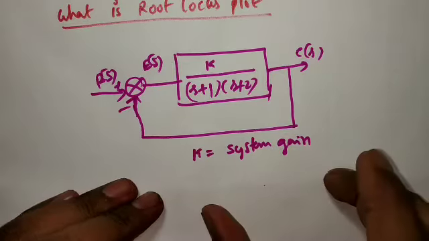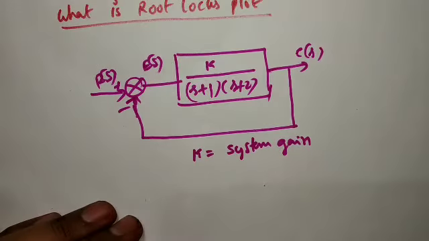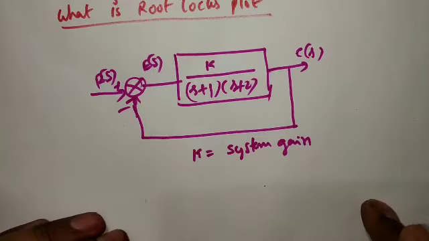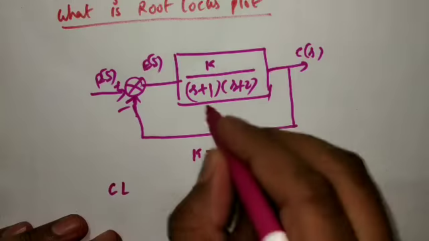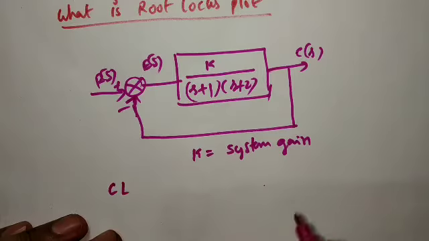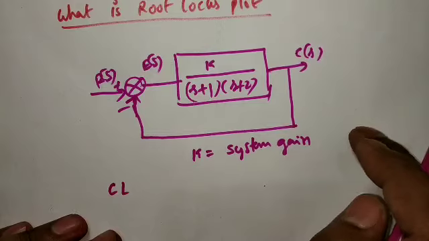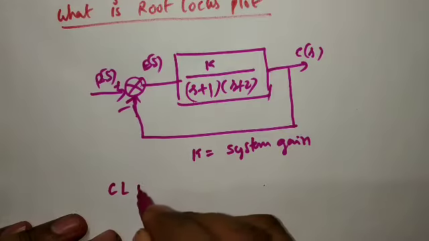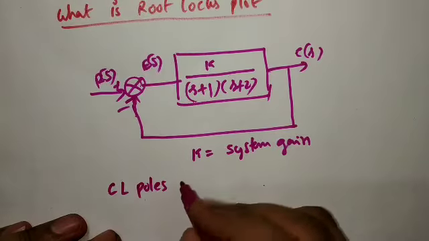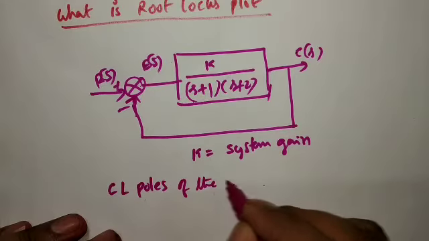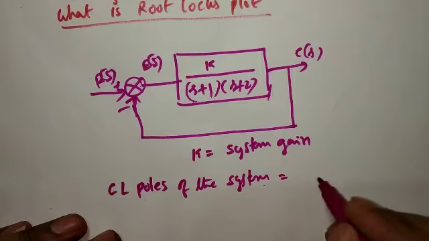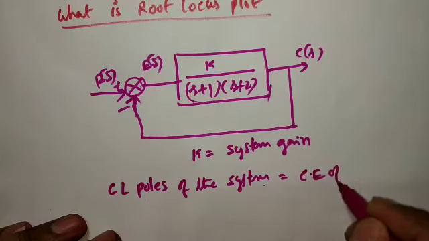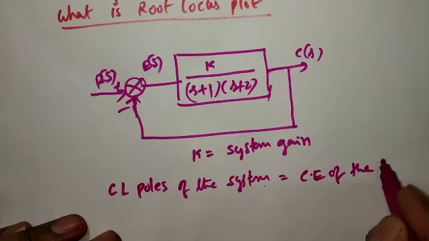The closed loop poles of the system are equal to the roots of the closed loop characteristic equation, that is, 1 plus G(s)H(s) equals 0.